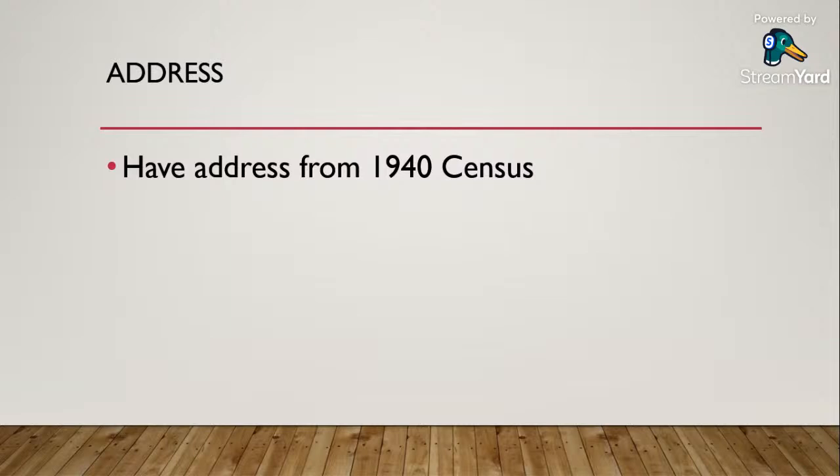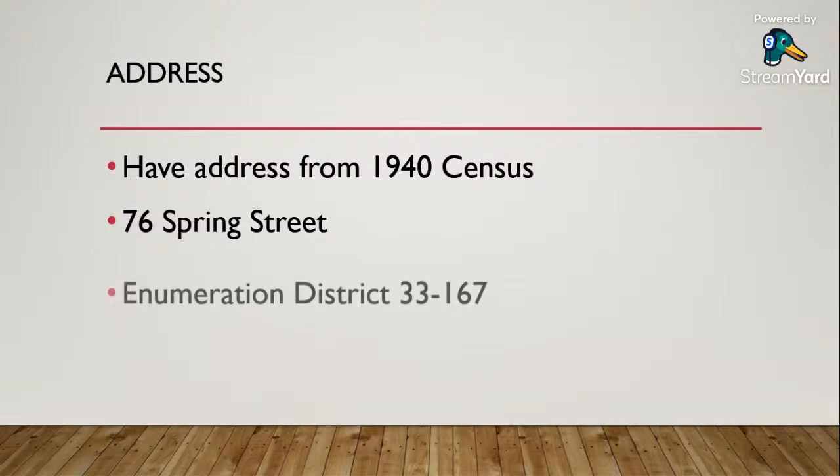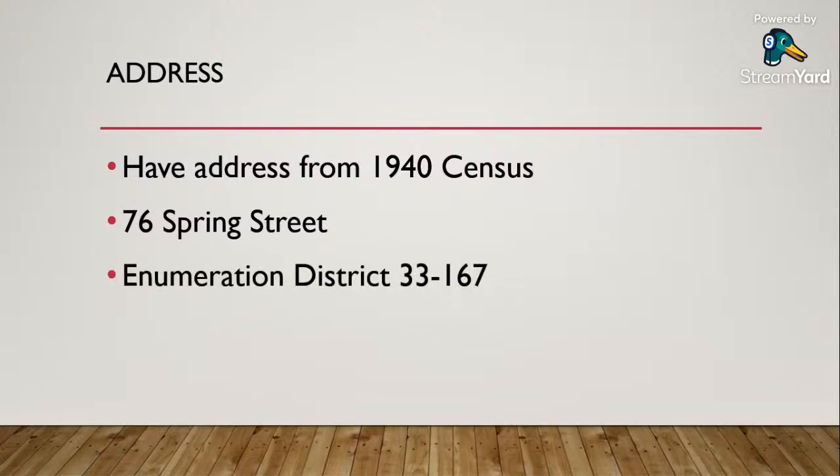I had not found any more recent addresses so far, and the address in the 1940 census was 76 Spring Street. When I went to the stevemorris.org website and determined the enumeration district was 33-67, the bad news is that when I looked at the census record, it said no one was home.